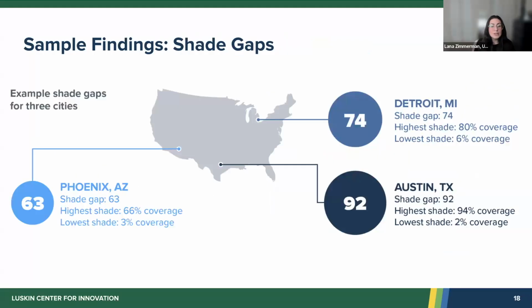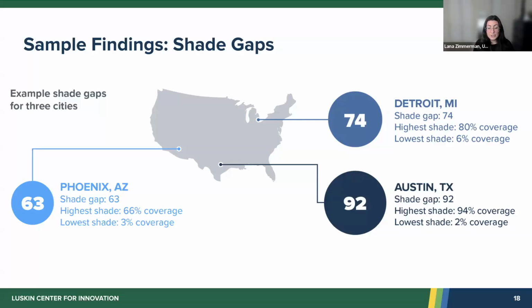And something that we noticed was many cities have large shade gaps between neighborhoods. So we define a shade gap as the difference in shade cover between the shadiest and least shady neighborhoods within a city. So when some neighborhoods have lots of shade and others have little shade, shade becomes an equity and access issue.